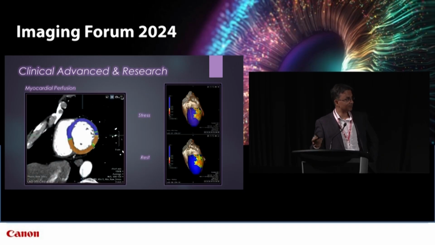This is just an example of a rest and stress myocardial perfusion study. We don't do it at our institution, so this is really just for reference. But as I say, this could be a future state. As we've seen in care being driven in the acute stroke scenario, where the plumbing plus the end organ changes in terms of perfusion have led to some fairly rapid and robust advancements. If we could do the same thing for cardiac disease, it'd be a real game changer.